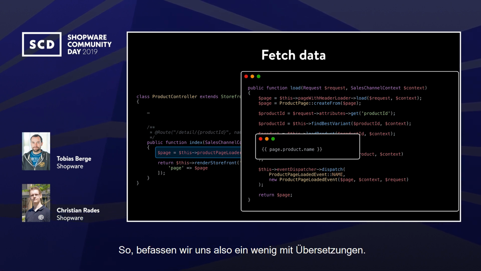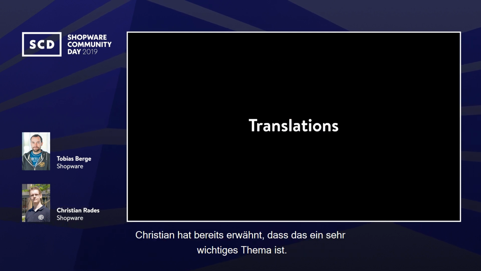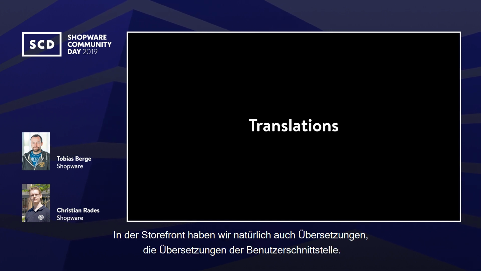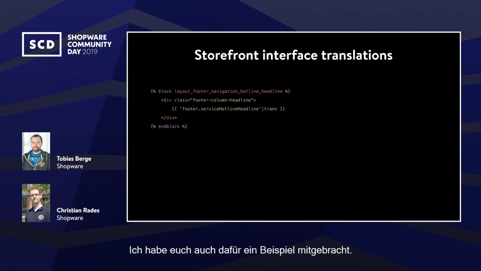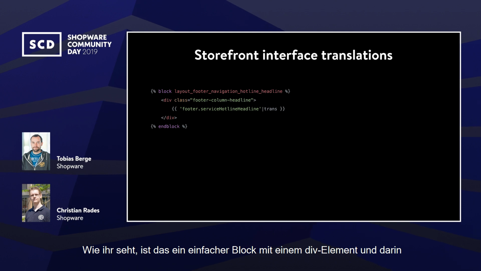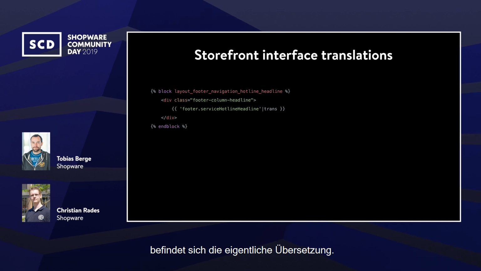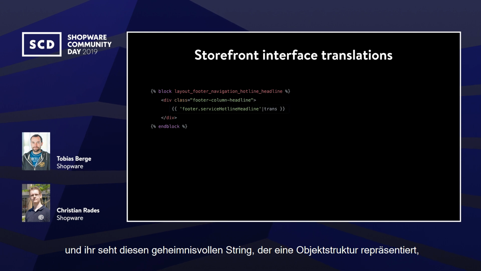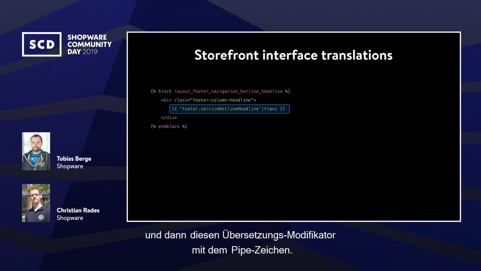So let's talk a little bit about translations. Christian already pointed out that this is a really important topic. And we also have, obviously, translations in the Storefront, and those are the interface translations. I also brought you an example right here. As you can see, this is just a simple block with a div element, and inside there's the actual translation. In this part, it is a Twig function. And as you can see, this kind of magical string, which is representing an object structure, and then there is this translation modifier with this pipe.